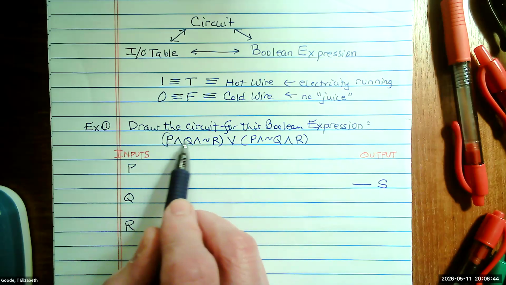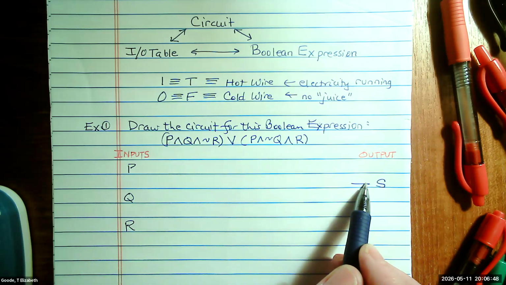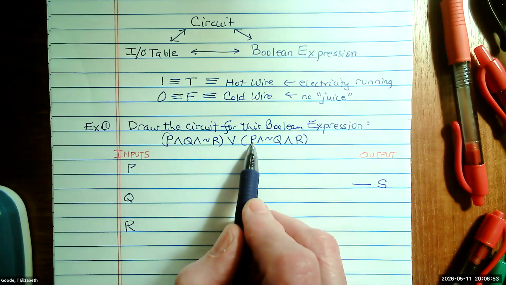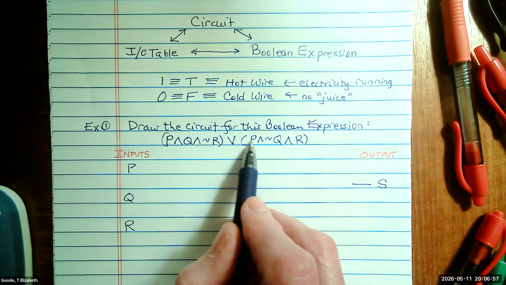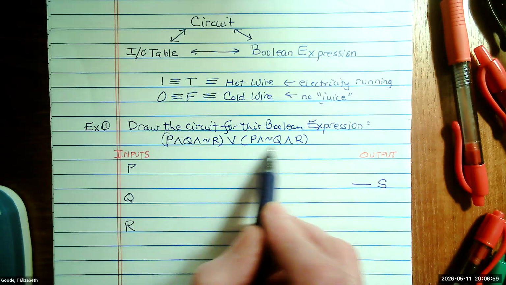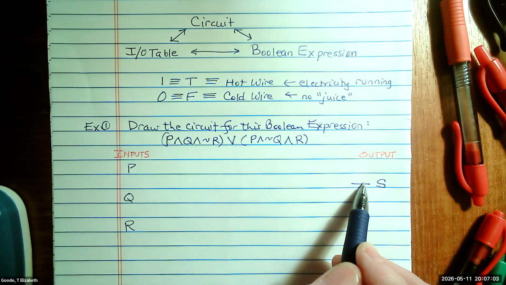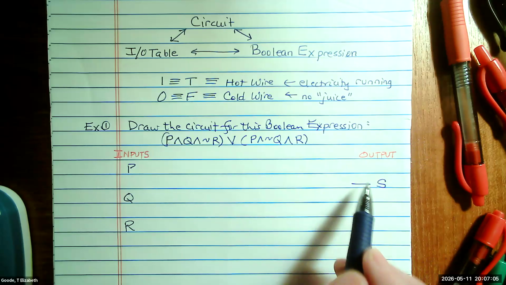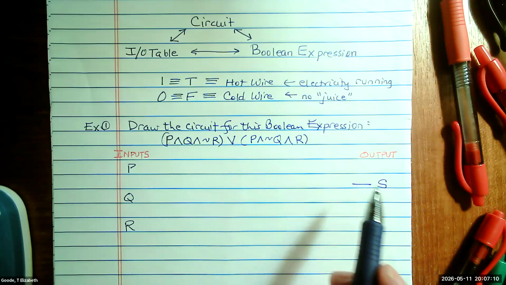So if P is hot and Q is hot and R is cold, we want the output to be hot, or true, or 1. And if P is hot and Q is cold and R is hot, if that's the input state, all these together are called the input state, then we want a 1 or a hot output. If anything else comes through, we don't want to have a hot output.